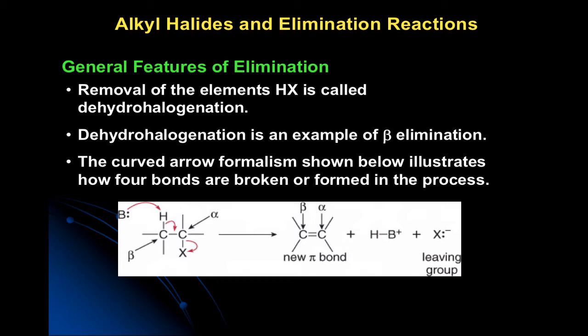Okay, 180 degrees, if you will, if you were to look at the Newman projection down that. Why does that make sense? Give me some reasons as to why that must make sense. Why isn't the hydrogen on the same side of the plane as the leaving group?